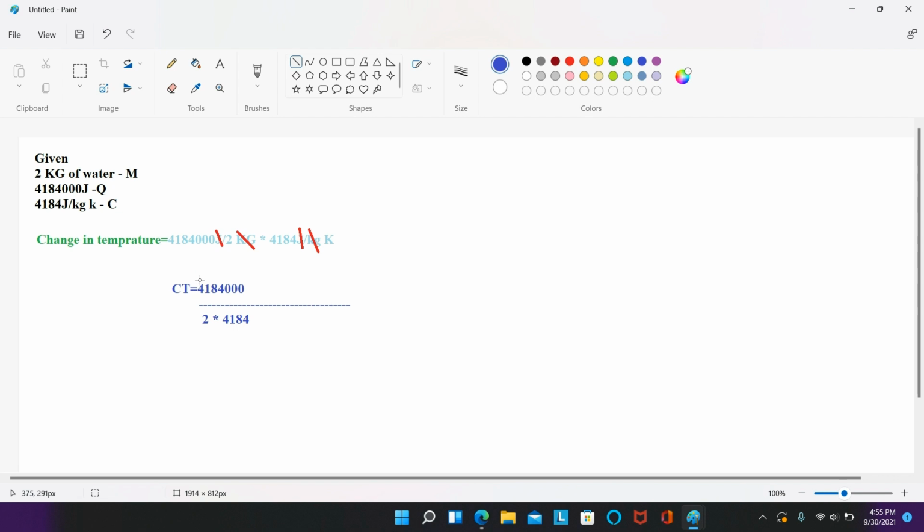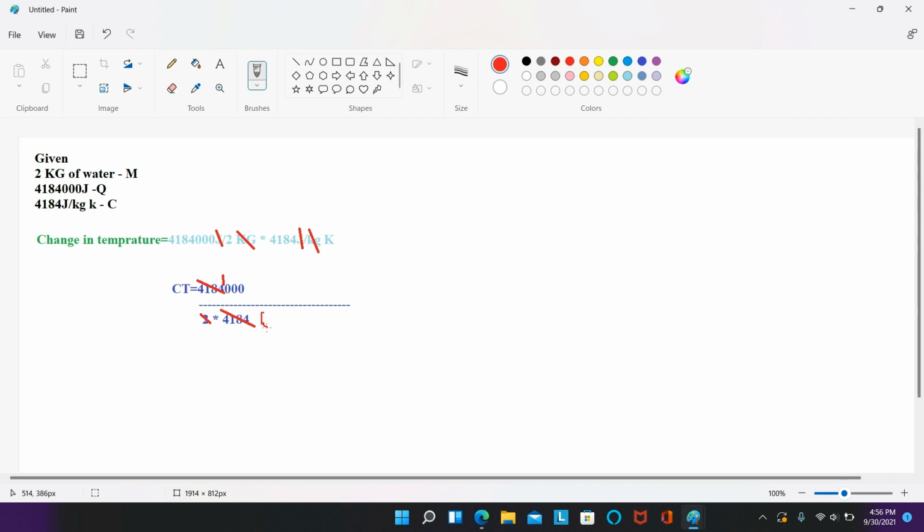Now we can simply get rid of some things. You can get rid of 4184 on both sides. So then you're left with 1000. Let's put the 1 right there, and then divide that by 2, you have 500. And oh yeah, there is a K at the bottom here. Let's draw that in really quickly.